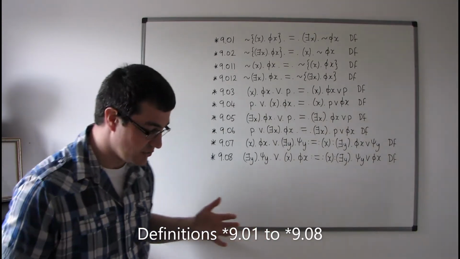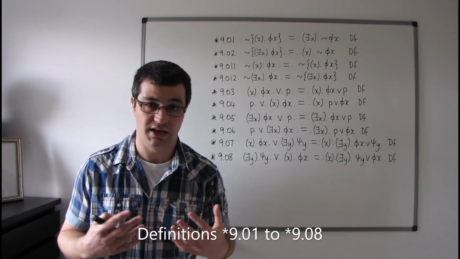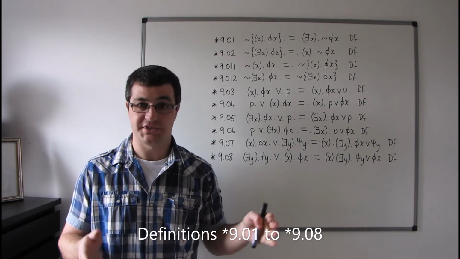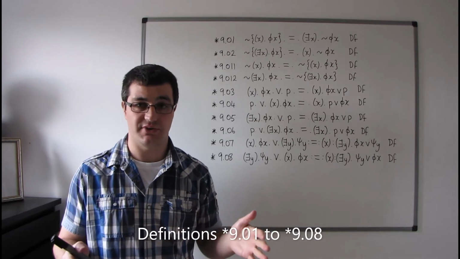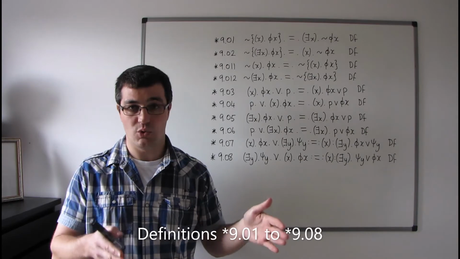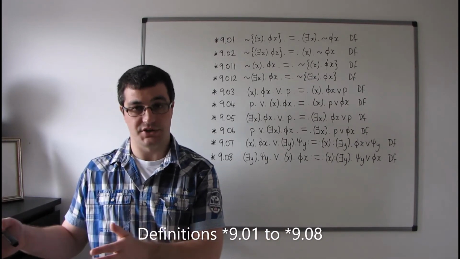But what we hope to do by the end of this section 9 is show that all of the propositions that we've proved from section 2 to section 5 will work in formally the same way with first order propositions.